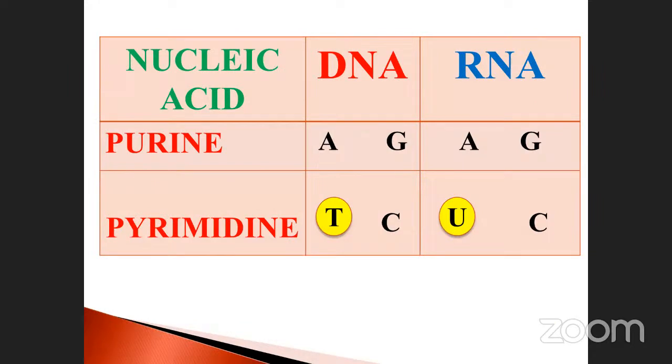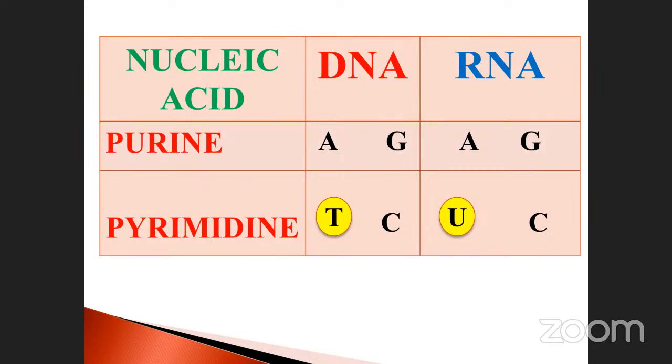Normally, the DNA contains the purine molecules, what are they, you know? Adenine and guanine. They are purine molecules, heterocyclic in nature, nine carbon compounds, all those things you already know about. The RNA is also the same, adenine and guanine.